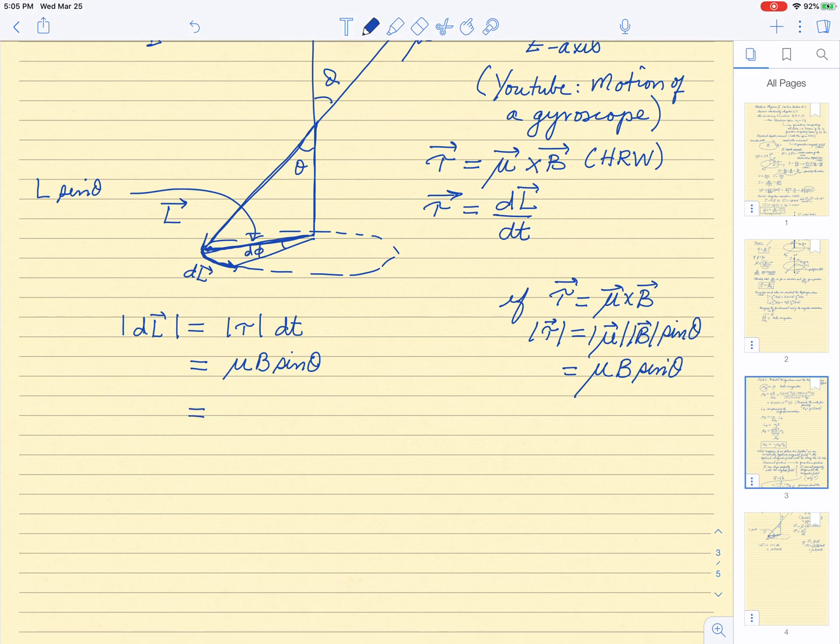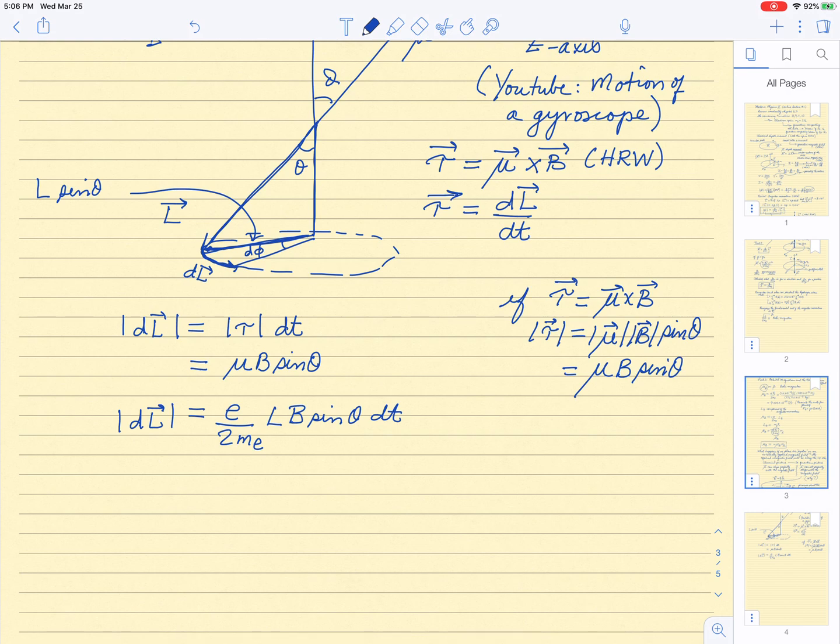So we know what mu is, that'll be e over 2 m_e times L B times sine of theta dt. And that's going to be equal to the magnitude of the change in the angular momentum.